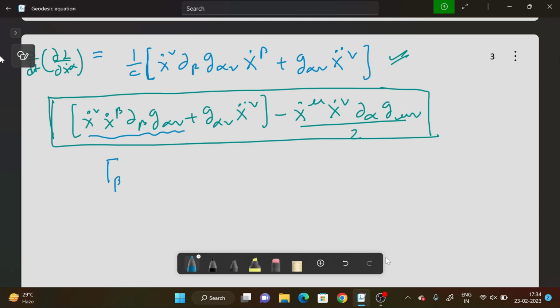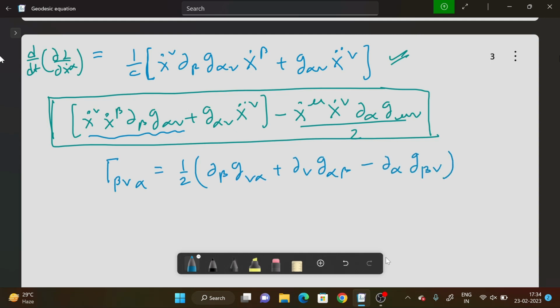It's written as, say, beta, nu, and alpha, and it is defined as 1/2 times d beta g nu alpha plus d nu g alpha beta minus d alpha g beta nu. This is how the Christoffel symbol of the first kind is defined, and we want to put things in this term only. That is why manipulation is required.